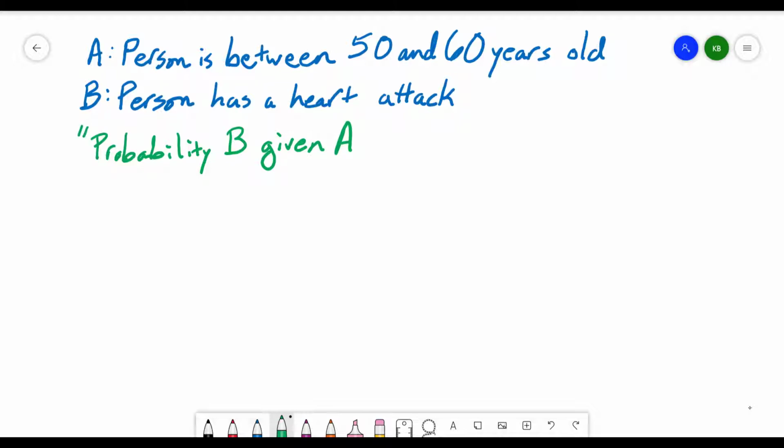So that's the words that I've been saying. So we're going to assign some notation to that. So my probability of B given A, we use a vertical line to denote given. And this is conditional probability.